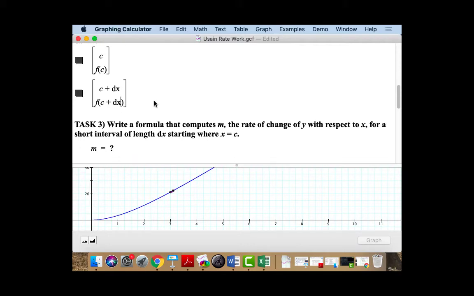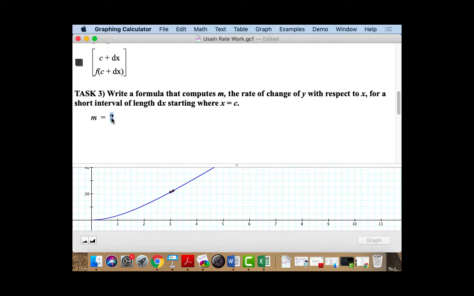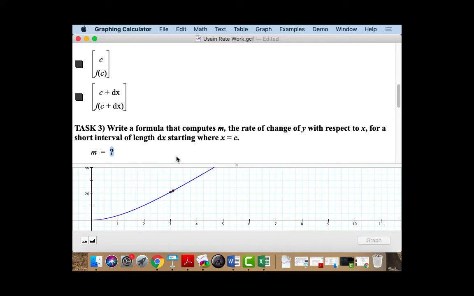So go ahead and see if you can type in a formula for how to calculate that average rate of change of his distance with respect to time, using those 2 general points there with parameter C and interval length dx.